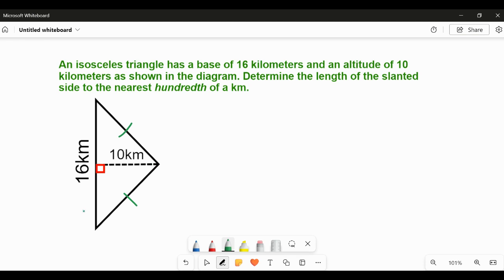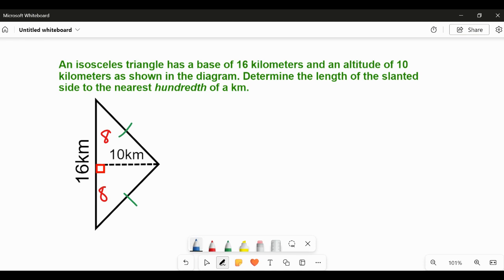So instead of this whole thing being 16, I'm going to break it down to 8 and 8 kilometers. That way I have one right triangle right here and another right triangle, same thing. And I can use Pythagorean theorem with this right triangle to look for the missing side, which is the hypotenuse, the slanted side that we're trying to look for.